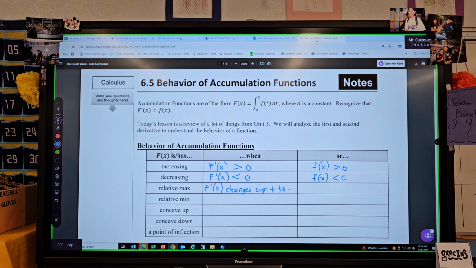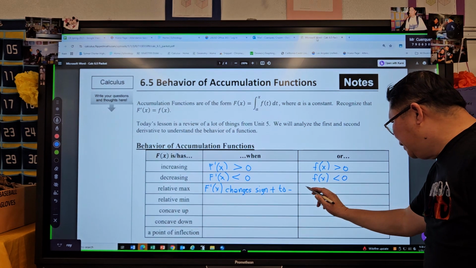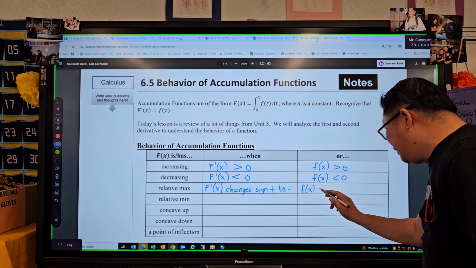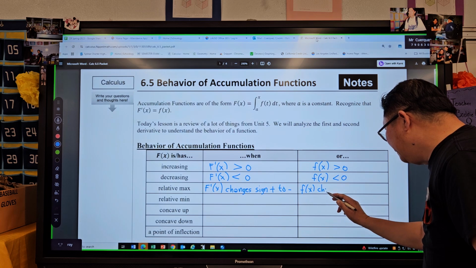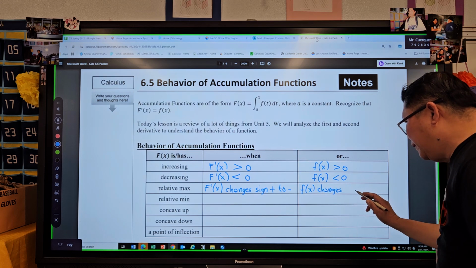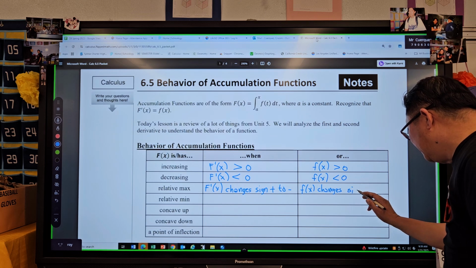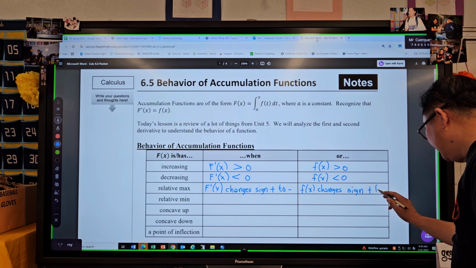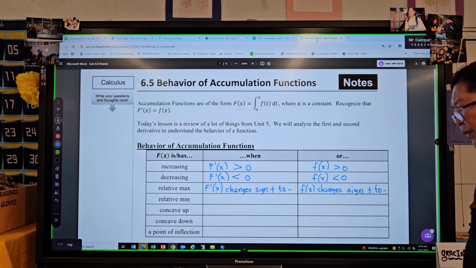Okay, so same thing for f of x. So for f of x, so changes sign from positive to negative. How about relative minimum?